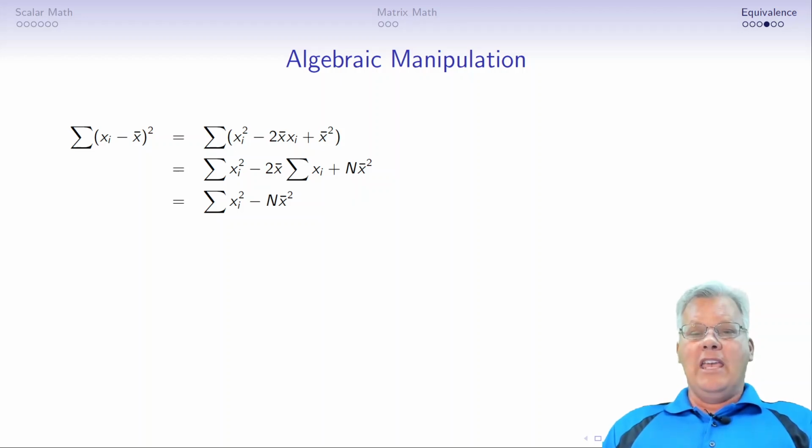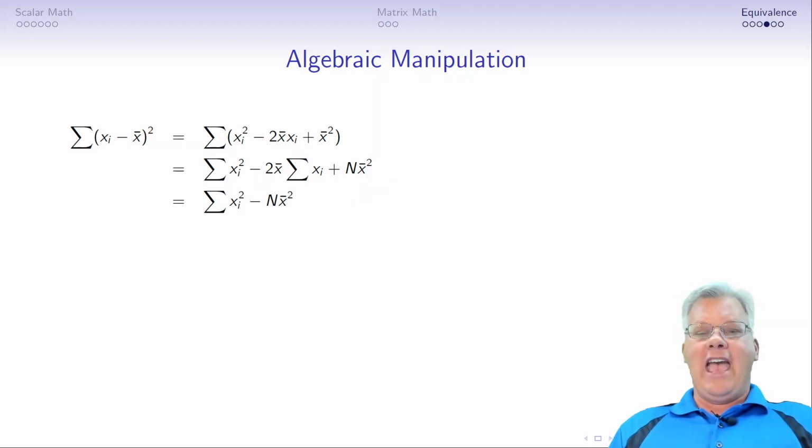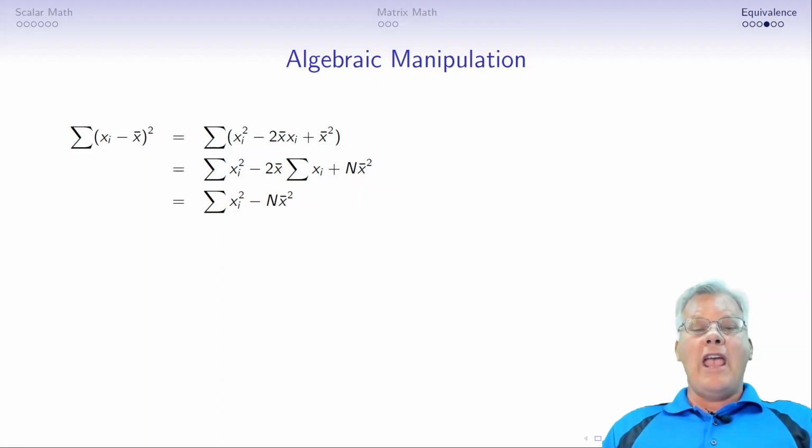Now, what I can show here is that, you remember x bar, the sample mean, is equal to 1 over n times the sum of the individual x sub i's.